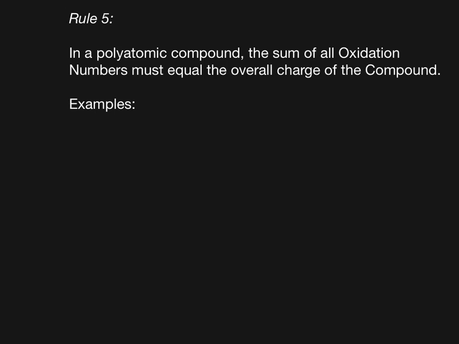Next is rule 5, and that says that in a polyatomic compound, the sum of all oxidation numbers must equal the overall charge of the compound. So if I just prove the hydrogen peroxide one again, just using a different rule, I just write it like this. Using rule 5, I can set this out by just writing 2 oxygen, and I'm just going to say OX here because my O's look like a whole lot of zeros to me, plus 2 lots of hydrogen.